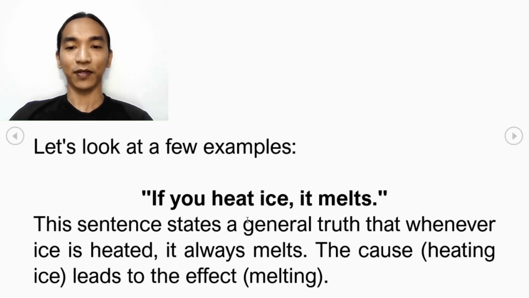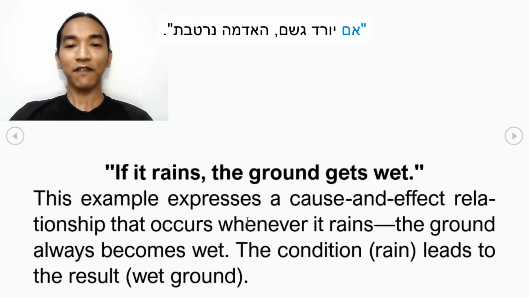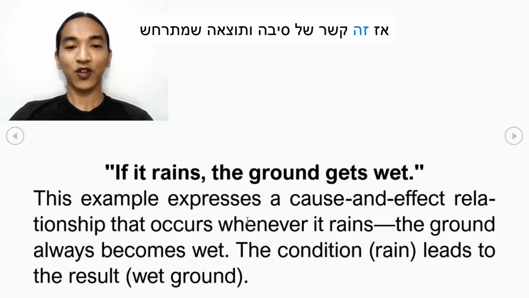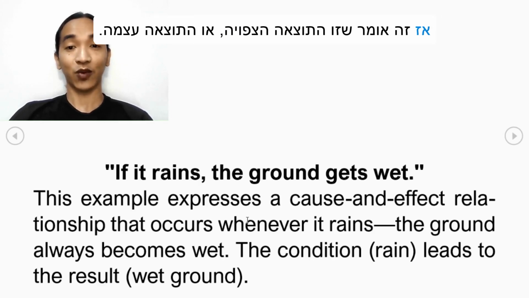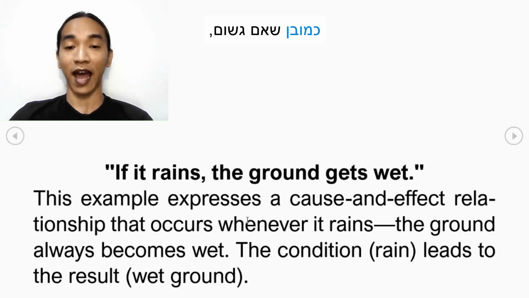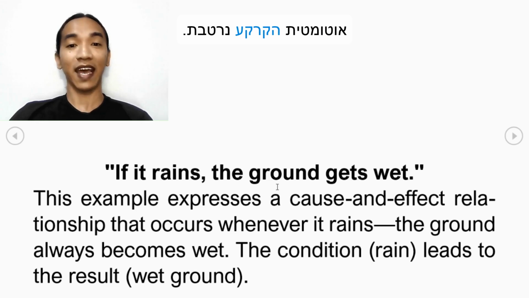Another example. If it rains, the ground gets wet. This is a cause and effect relationship that occurs whenever it rains. It means this is an expected result or outcome. Of course, if it rains, then automatically the ground gets wet, okay?